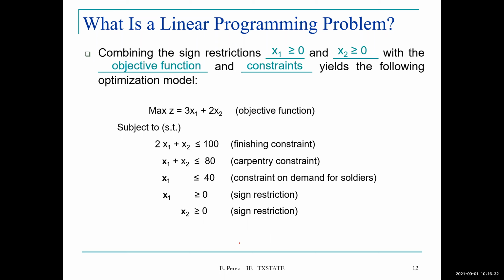You have a coefficient and you have a decision variable. It's not a square variable. It's not to the power of 3 or to the power of 4. So all of those are linear equations. And the type of models that we are going to build and solve in this class are of this type. You will see linear equations for all the objective function and for the constraints.